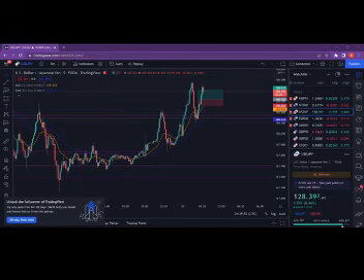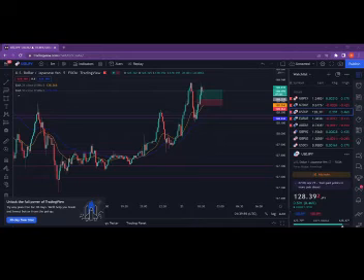Awesome. So what's the bias here? When you look at this, what's the bias? Everyone's saying bearish, saying downtrend, right? So when we have a downtrend, we wait for a resistance to be forming.